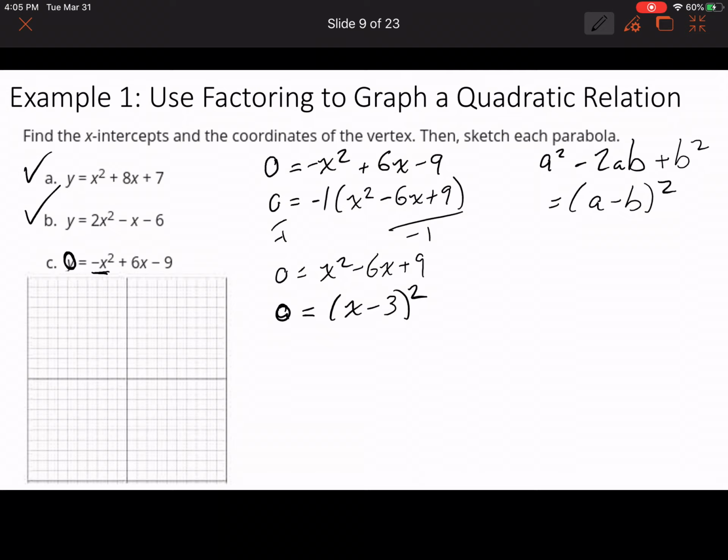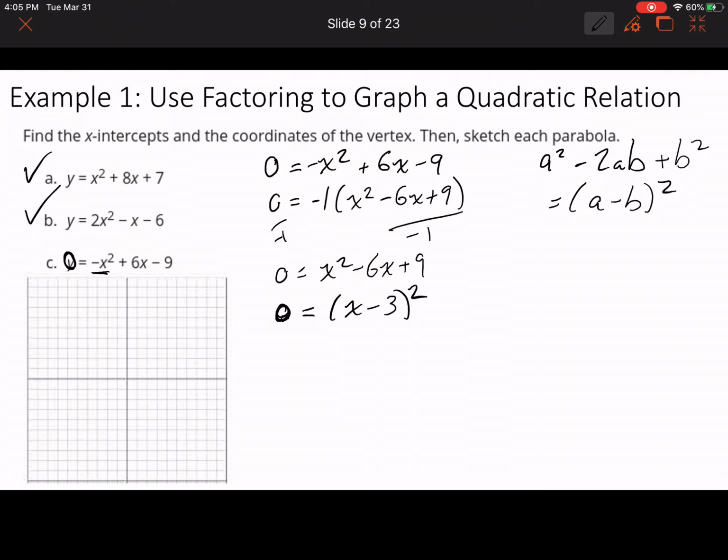That one's not as big to remember as the one we were talking about today, because you could factor this out by going, all right, 3 times 3, or -3 times -3 is +9. -3 plus -3 is -6. Therefore, I know I've got x minus 3, x minus 3. You could do it that way.